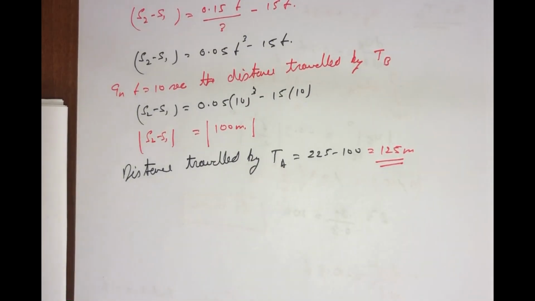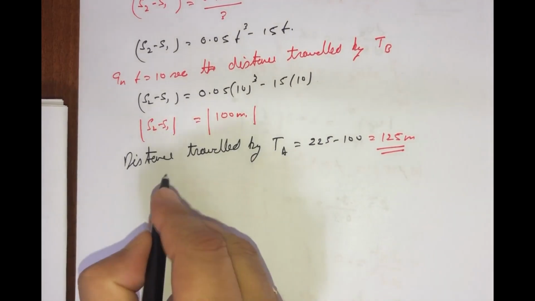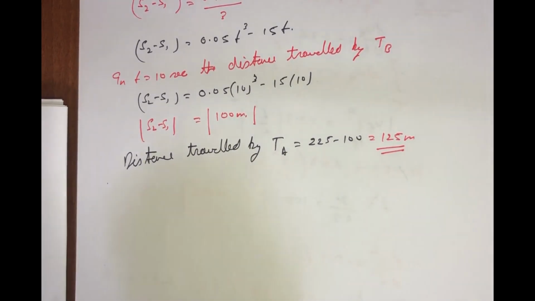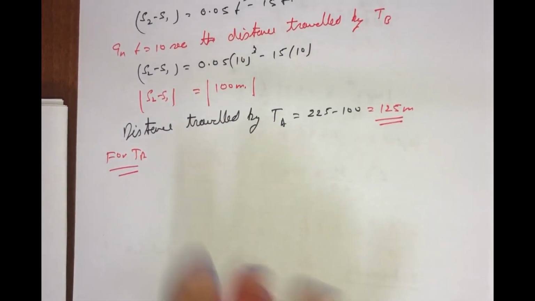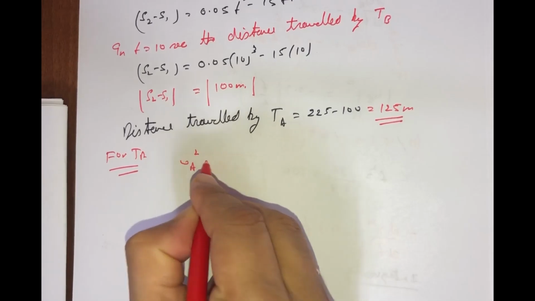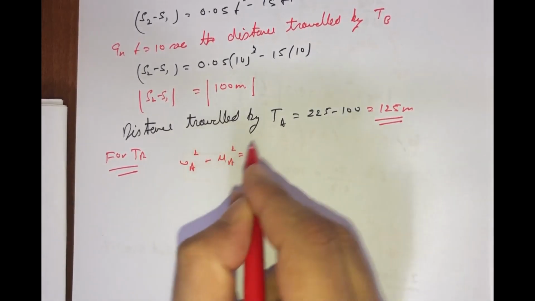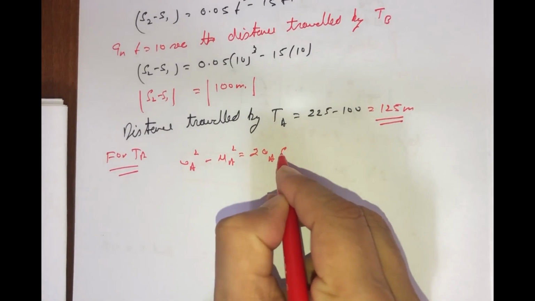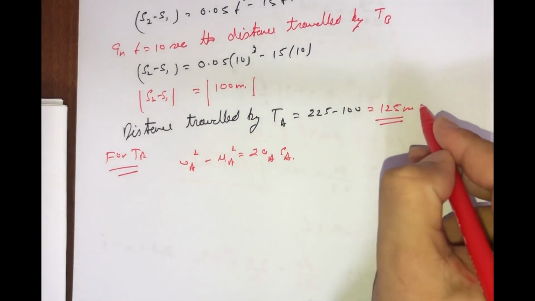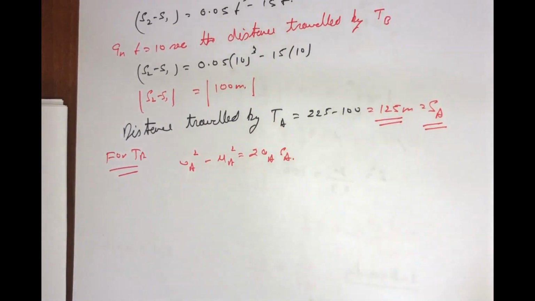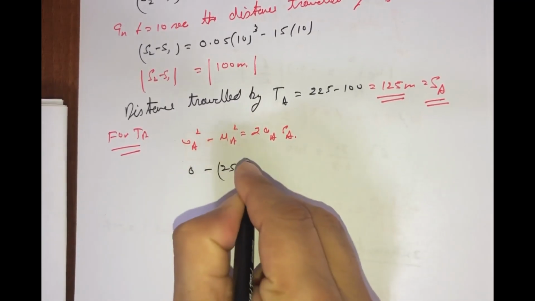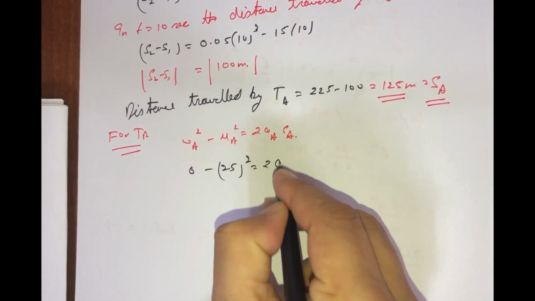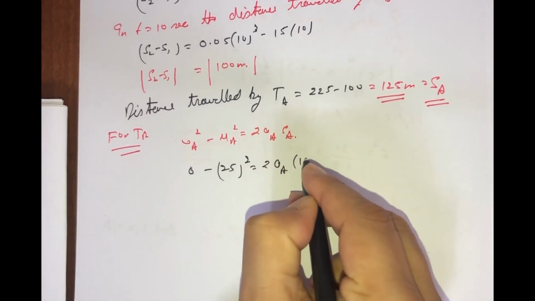So for train A, we can write vA square minus uA square is equal to 2 a SA, and this is our SA. So we get 0 minus 25 whole square equals 2a times 125.